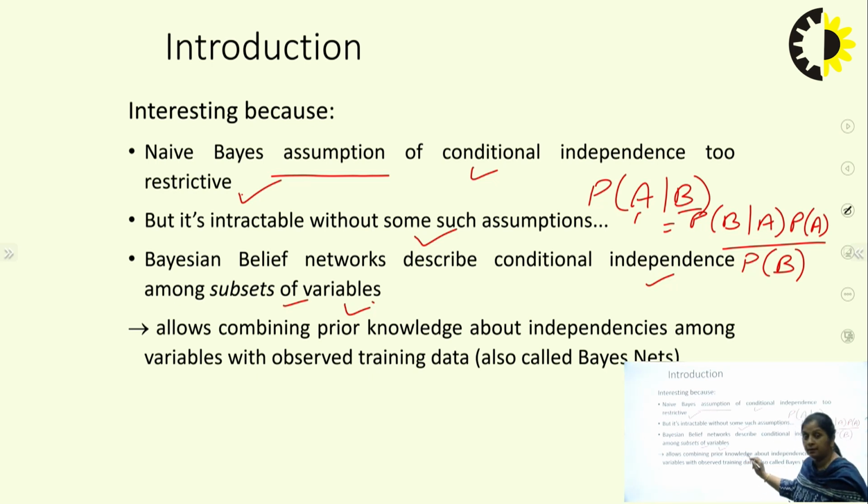It allows combining prior knowledge about independence among variables with observed training data. So whatever independence information or prior knowledge we have, we will use it to calculate conditional independence, that is, which attributes are independent of others. Here we are using the concept of conditional independence.